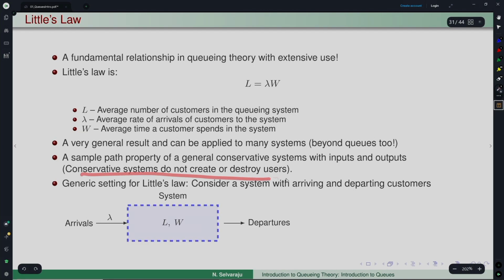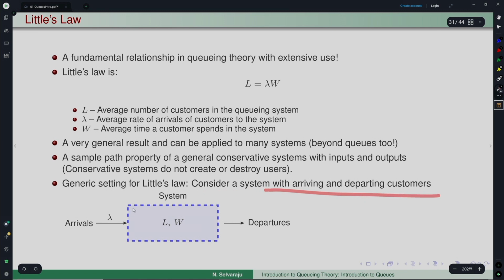Conservative system means one that does not create or destroy users in between. So, this is the generic setting for the applicability of Little's law. Of course, it holds under certain assumptions, but there is a lot of work with different sets of assumptions and relaxations of those basic assumptions under which this might hold. Anyway, for our systems this should not pose a problem, so we will take it as given.